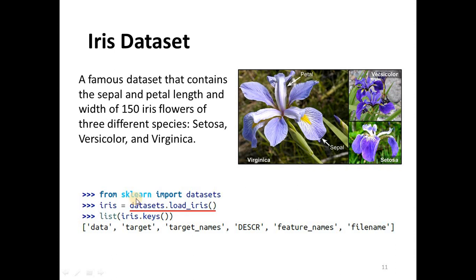Scikit-learn supports this dataset. You can import it by executing the load_iris function from datasets, and you get an object, which is a dictionary that contains the data, the features, the target or the labels, and other things.